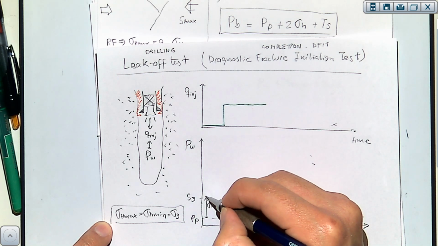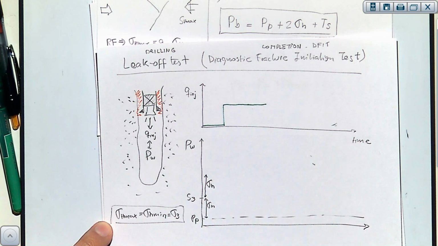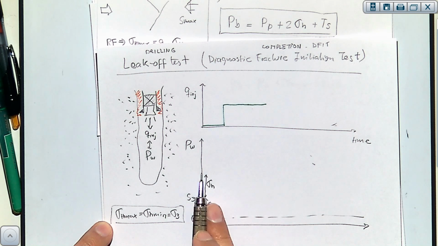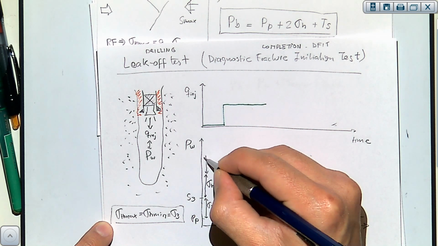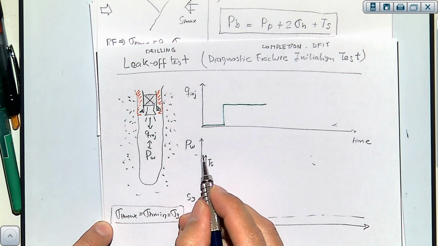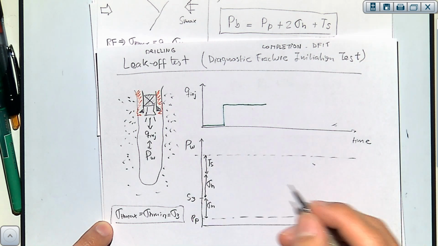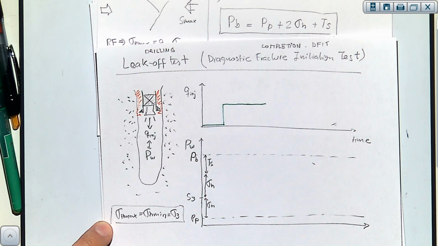And if I add another sigma h, that's going to be 1 more sigma h. So now I have 2 sigma h. And I'm going to add further tensile strength. So according to my equation, this is going to be PV, at least as here.